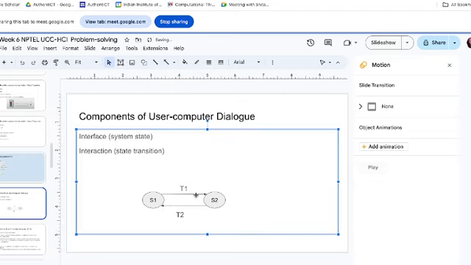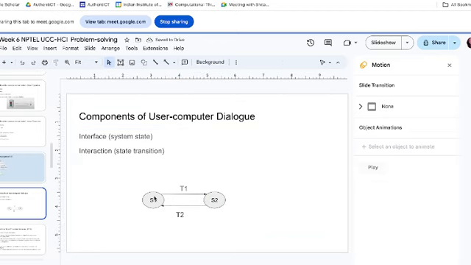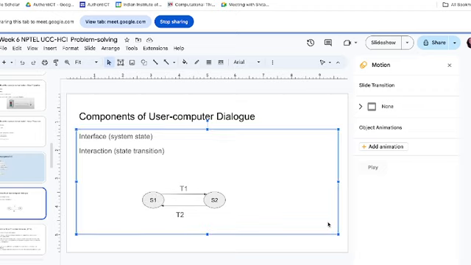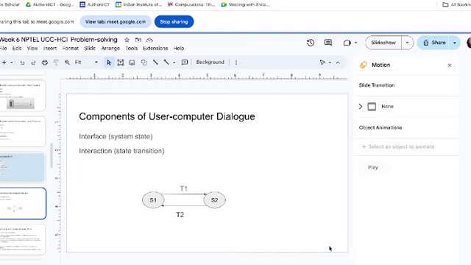This is how we represent a state diagram. Sometimes the state itself has a transition, an action or an interaction which leads to the same state. Then the arrow is shaped like this, going from S1 to S1 itself. That is how we have state diagrams created.